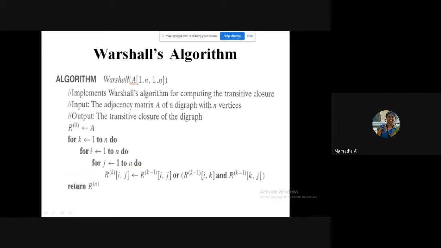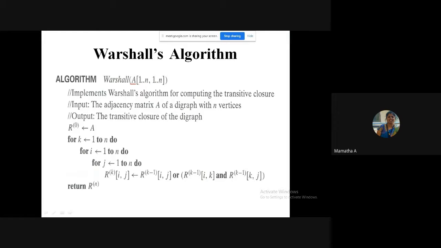You don't write two sets of parentheses, but one set of parentheses separated by a comma. To make the algorithm more self-understood, I am starting the indices from 1 to n. You can also start from 0 to n minus 1, not a problem.